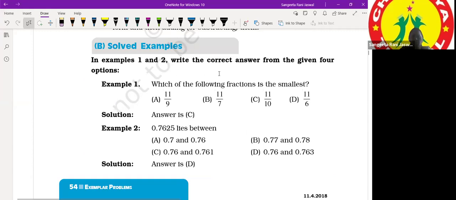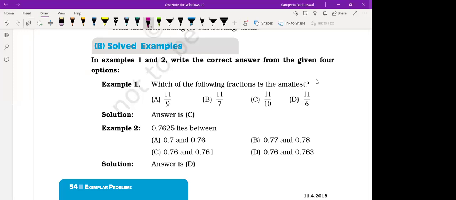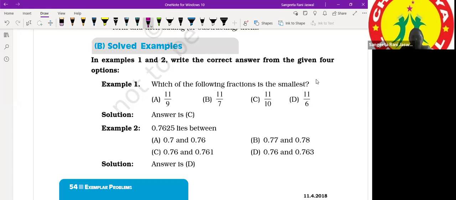Tell me this: which of the following fractions is the smallest? Seven by six, 11 by 6. Check out. You can check all.